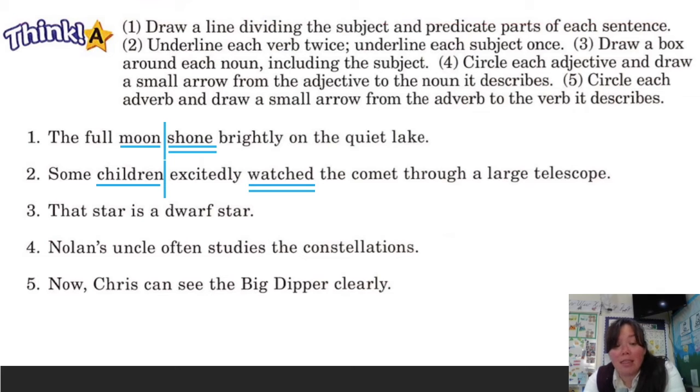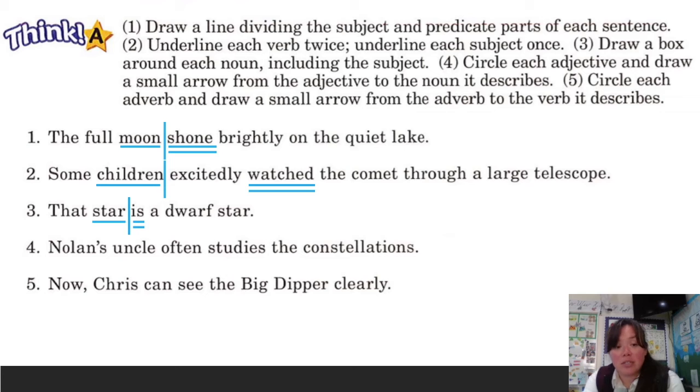Number 3, that star is a dwarf star. So the subject is a star, and the verb is. It is. Star is. There's your subject and verb for number 3. Number 4, Nolan's uncle often studies the constellations.